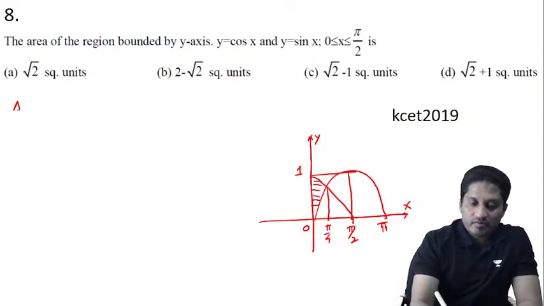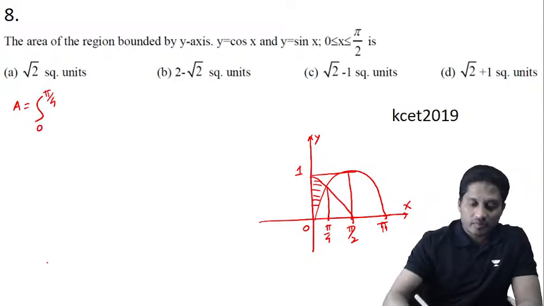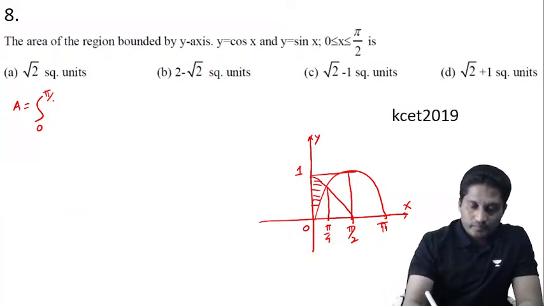Okay, now area is equal to integration of 0 to pi by 4. Between 0 and pi by 4, cos is more than sine. 0 to pi by 4, I'll take cos x minus sin x dx.